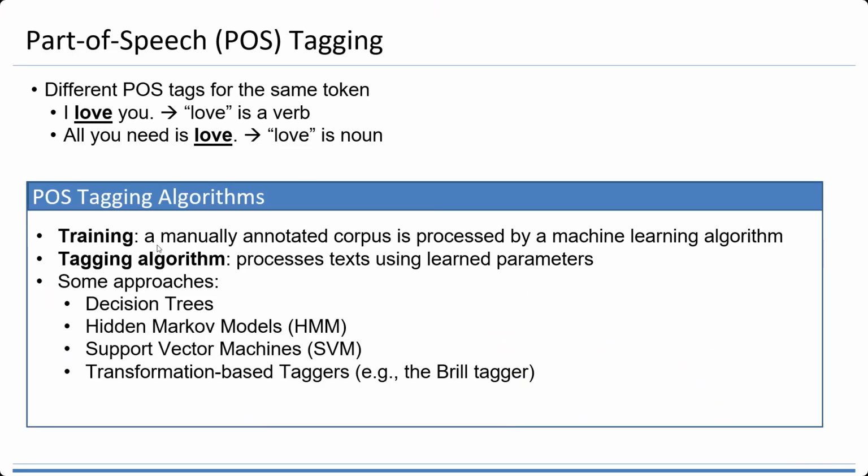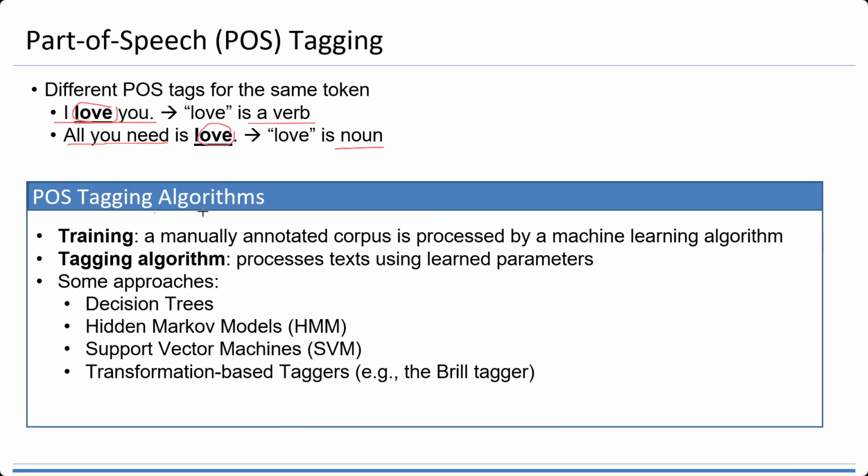Different POS tags for the same token. So I can have the sentence I love you. So love means, in this case, a verb. But all you need is love. In this case, it is a noun. So this kind of different context will make a different analysis.